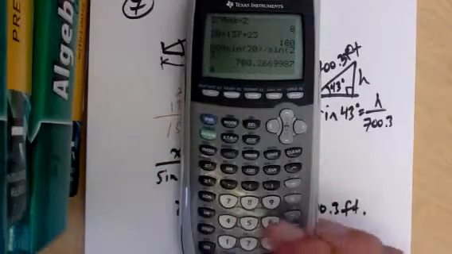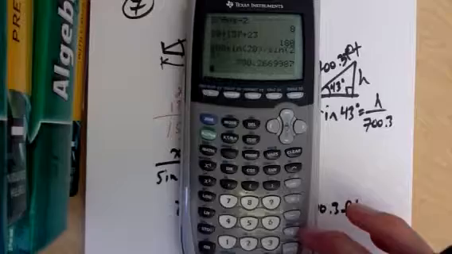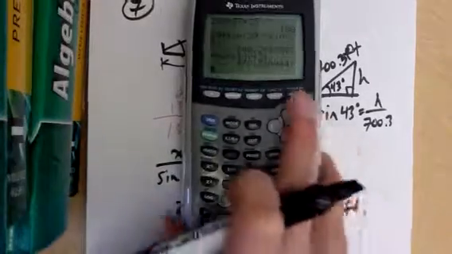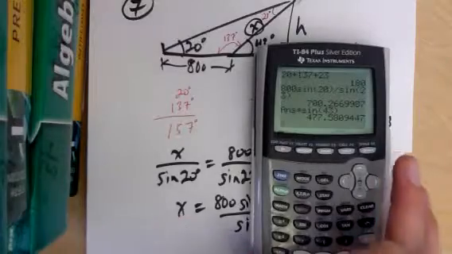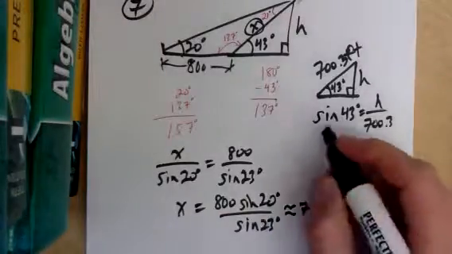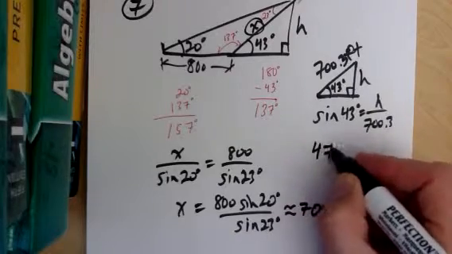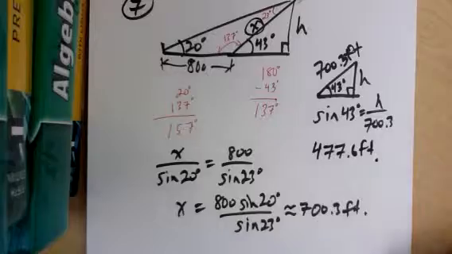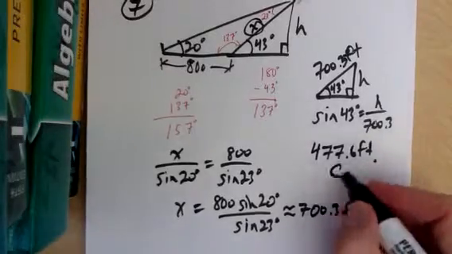So for us, that's going to be 700.3 times the sine of 43, and you get approximately 477.6. So 477.6 feet, which is choice C.